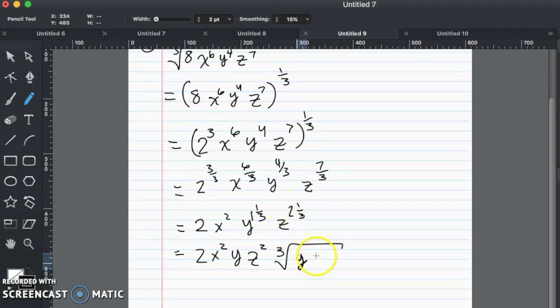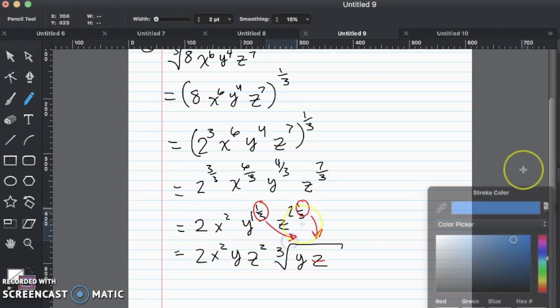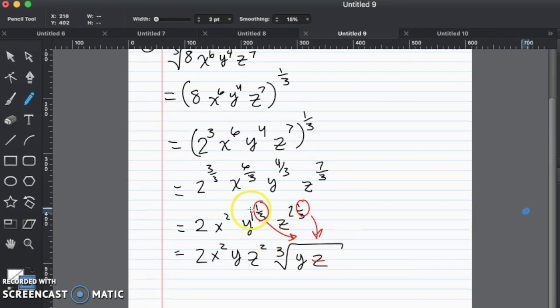And I have z to the 1/3, one of those, okay? So these two end up going right here. And this 1 and 2 end up going right here and right here.